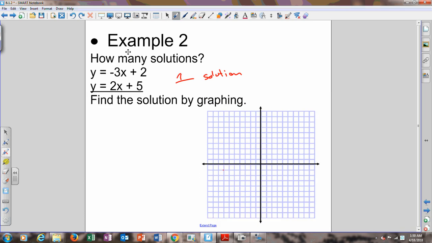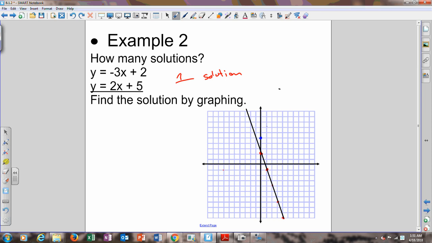Okay, let's graph it. You start by going up to 2, make a dot, go down 3, and right 1. And if it's 2x plus 5, up 1, 2, 3, 4, 5, make a dot.